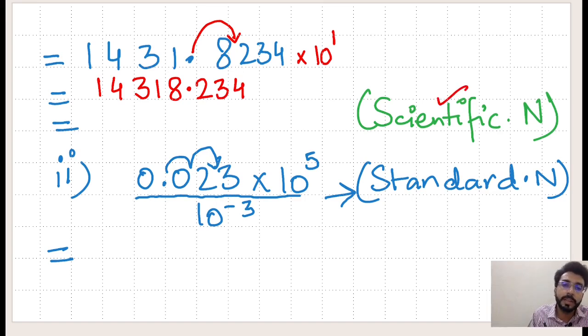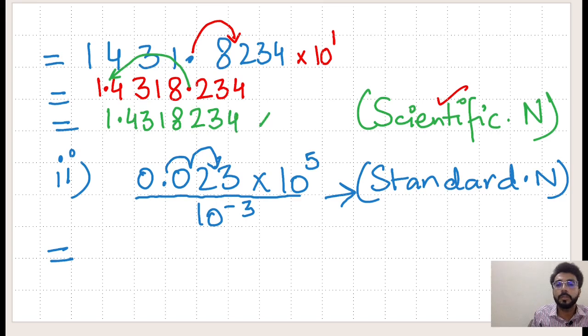So we have to move this decimal point after 1, here. We have to move the decimal point 4 digits from right to left. So the answer will be 1.4318234 into 10 to the power positive 4, because we move from right to left. So this is our final answer of this part.